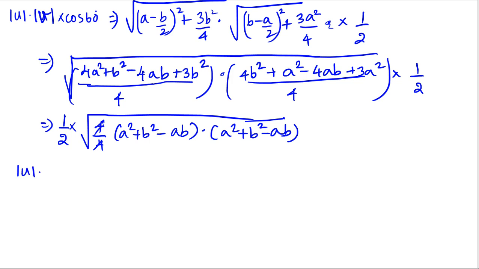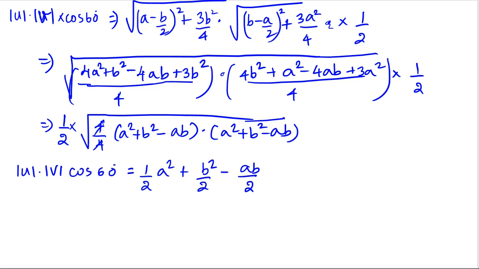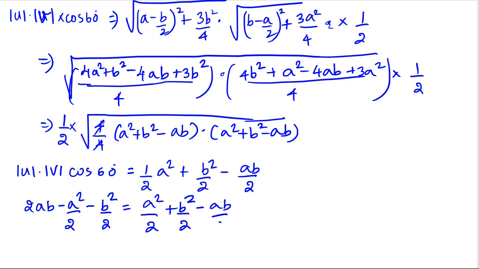So your mod of u into mod of v into cos 60 will be nothing but 1 by 2 into a square by 2 plus b square by 2 minus ab by 2. So now we have to equate LHS and RHS. Our LHS is this. So 2ab minus a square by 2 minus b square by 2 is equal to a square by 2 plus b square by 2 minus ab by 2.